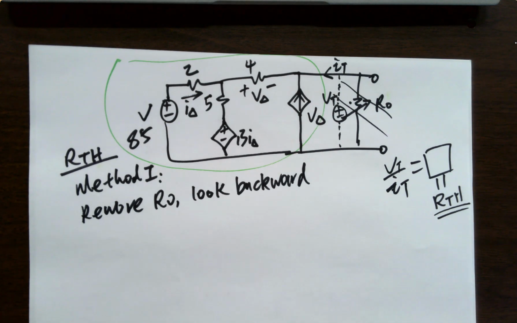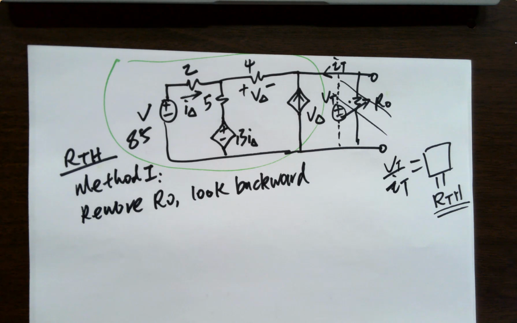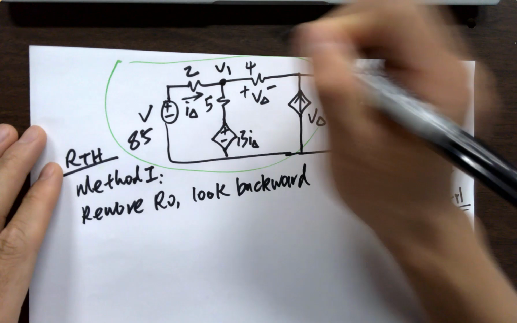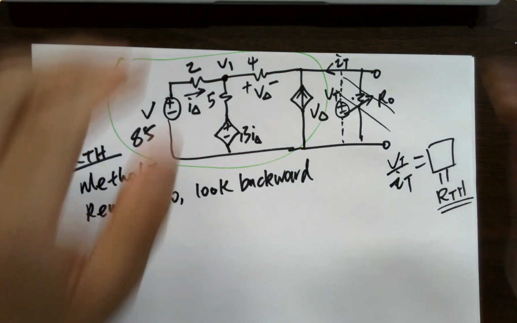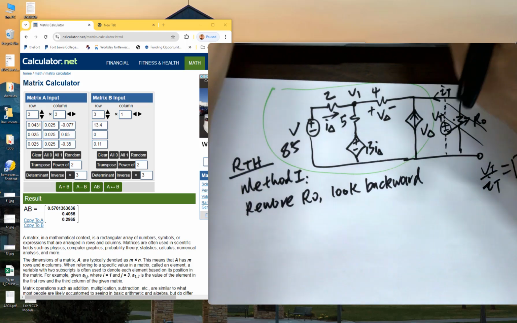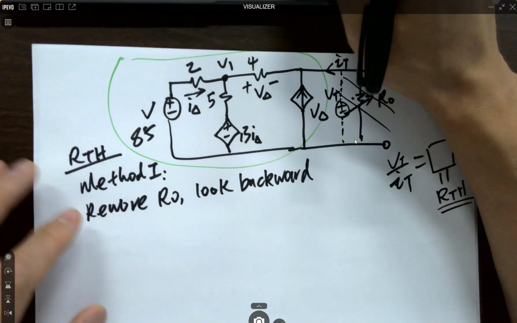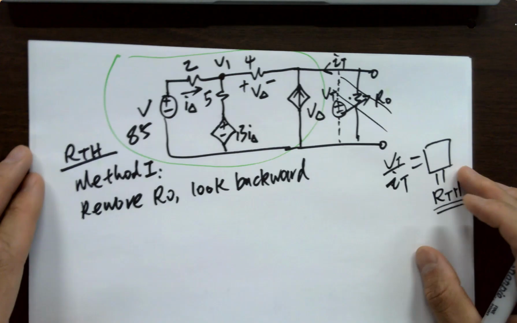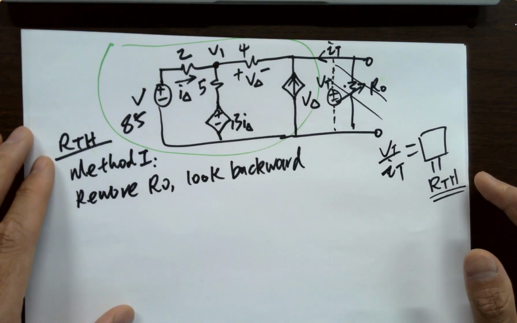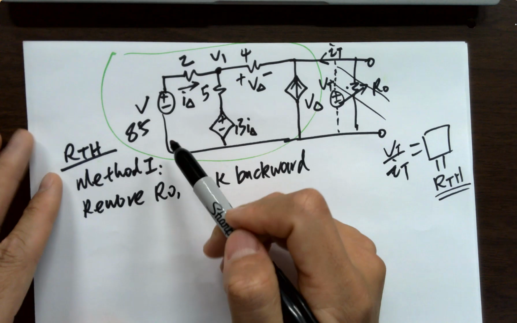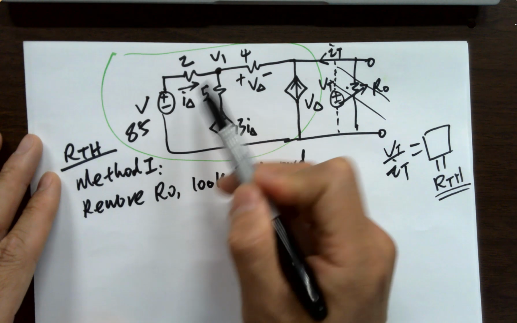Okay. Let's see if we can do it. So we assume this point is V1. What's next? Node voltage method.